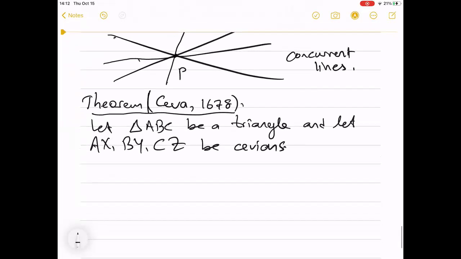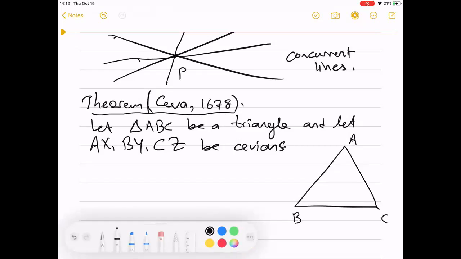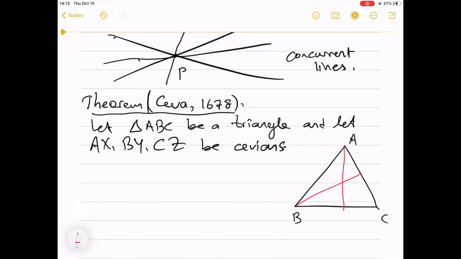Namely, let's draw a picture here. We have a triangle like this, and we have cevians.